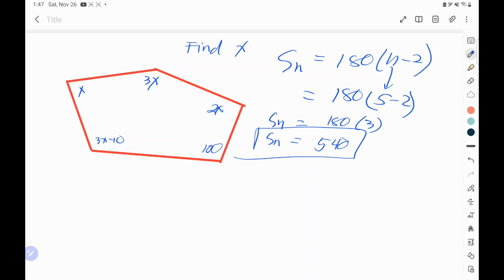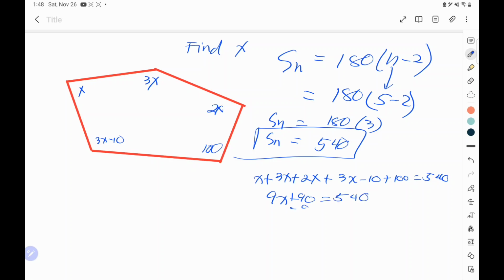Next, all we have to do is add all of this and equate it to 540. So x plus 3x plus 2x plus 3x minus 10 plus 100 is equal to 540. All of this is equal to 9x plus 90 is equal to 540.